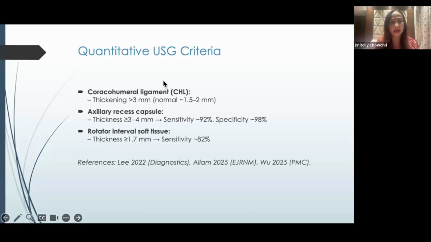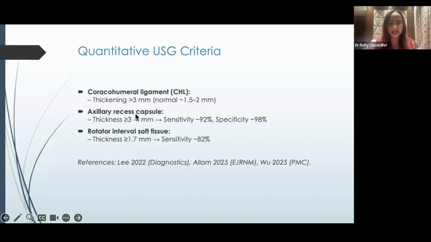Another take-home slide is this quantitative ultrasound criteria. We are always confused about what cutoff we should take. So I went through various articles, and I could figure out that we can consider these as the cutoffs. Coracohumeral ligament thickness: if it's more than 3 mm, it is significant. The normal in the rotator interval is 1.5 to 2 mm.